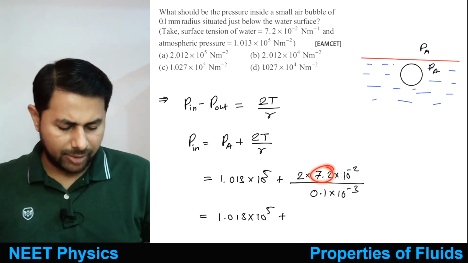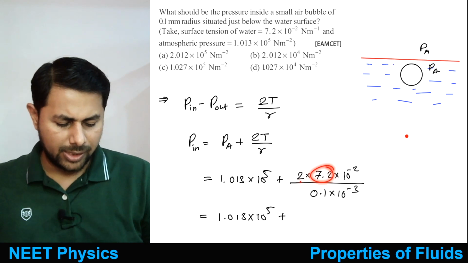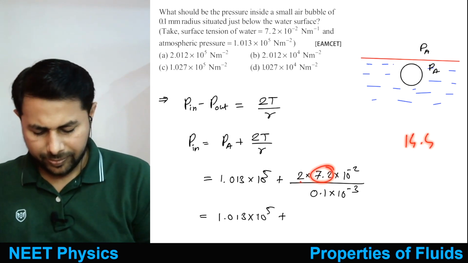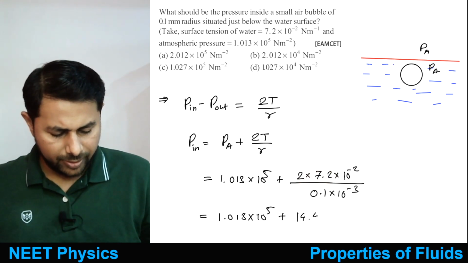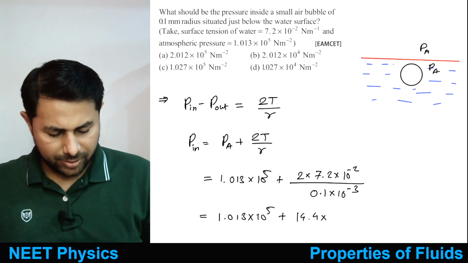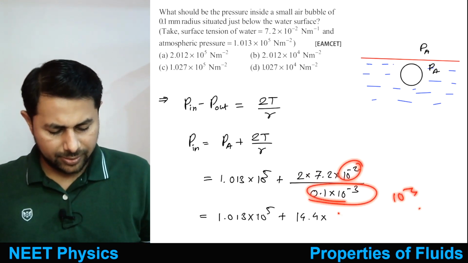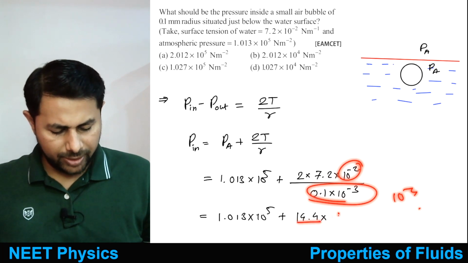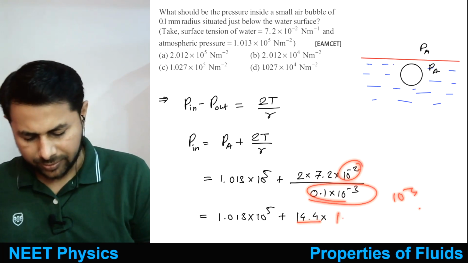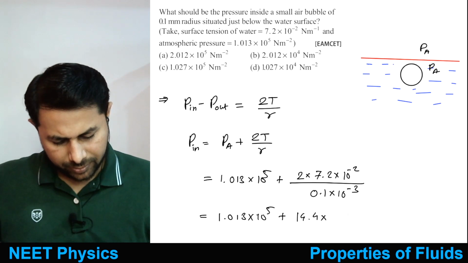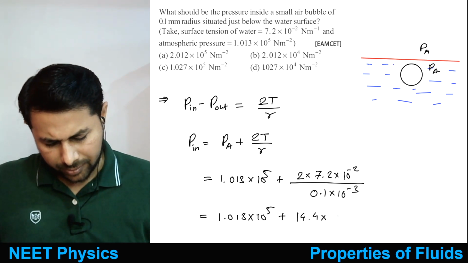This is 7.2 times 2, 14.4. 14.4 multiplied by 10 raised to minus 2, and in the denominator minus 4, so that will be 14.4 multiplied by 10 raised to minus 2, right?